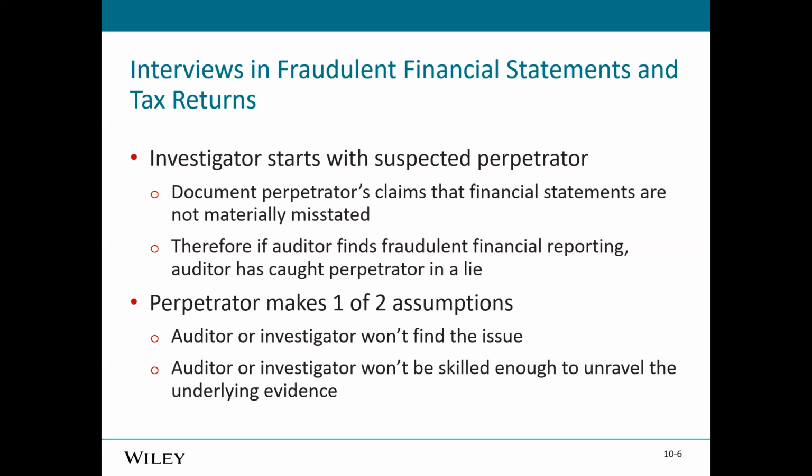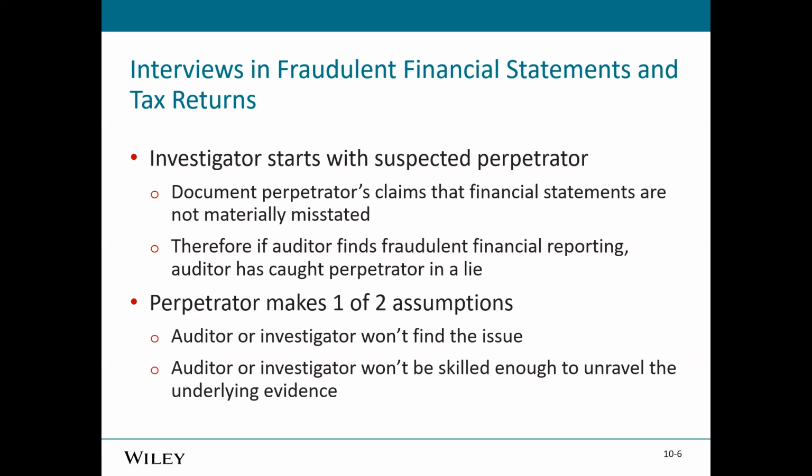If we assume that someone knowingly created false financial statements or tax returns, the act of preparing that falsified document is part of the concealment of the act. Because of that, the perpetrator has maybe made an assumption that the auditor or the investigator wouldn't find out about the issue, that we aren't smart enough to know what they did.